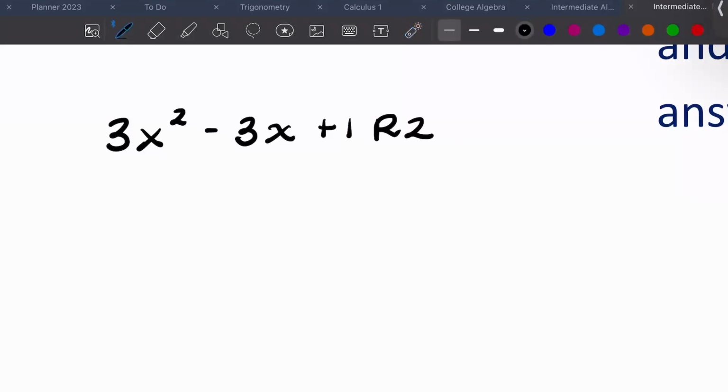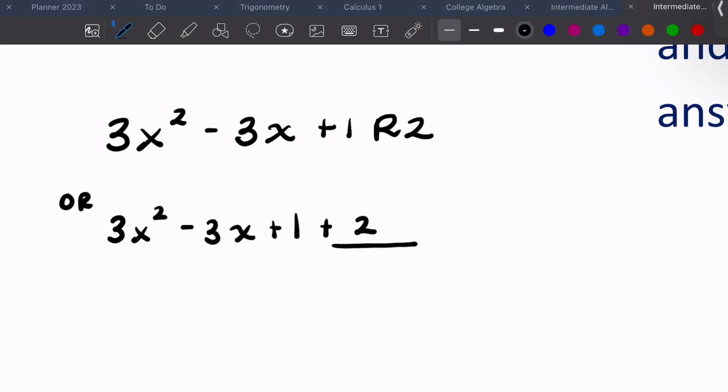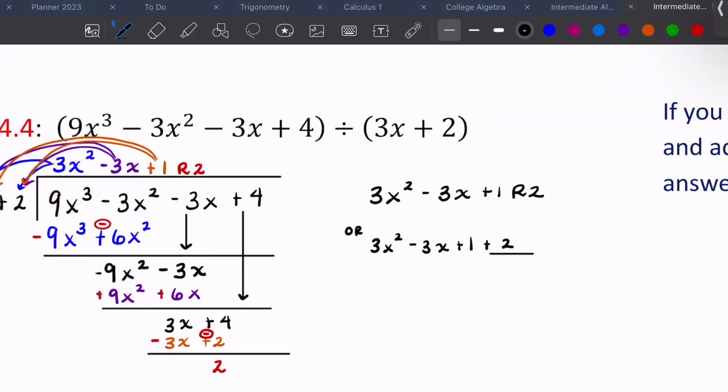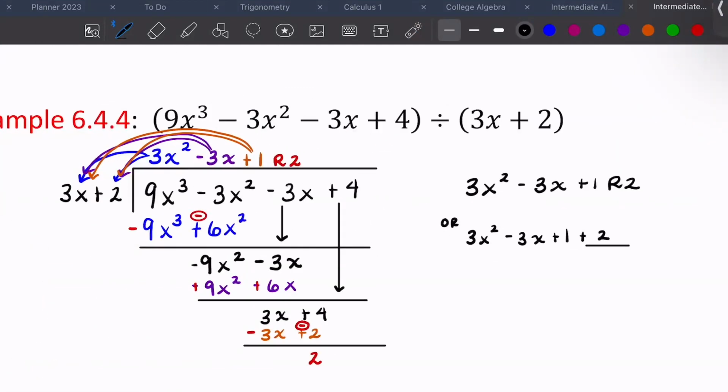So on your test, this is fine. No big deal. Or you can write your remainder like this. Okay, so your remainder is 2. So you'll say plus 2 over your divisor, which is what's on the outside, right? Over this guy.